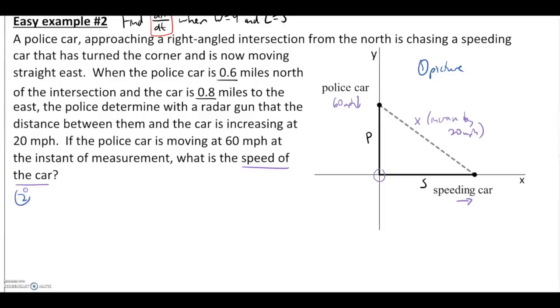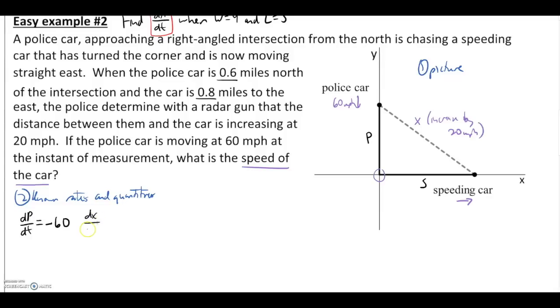So step 2, we want to get our known rates and any quantities. So what we know is that the police car's rate of change, since they're going to be moving toward the intersection, think about them moving down the y-axis, it's going to have to be negative 60 miles per hour.